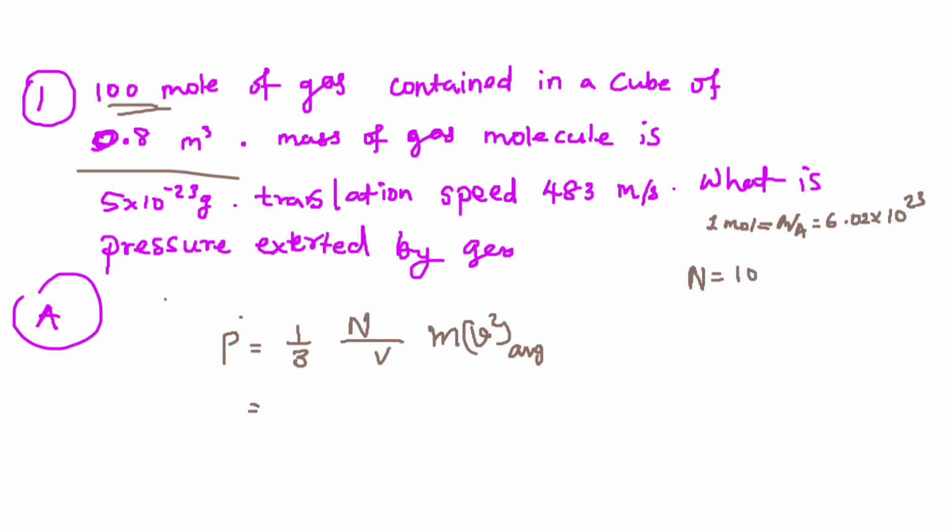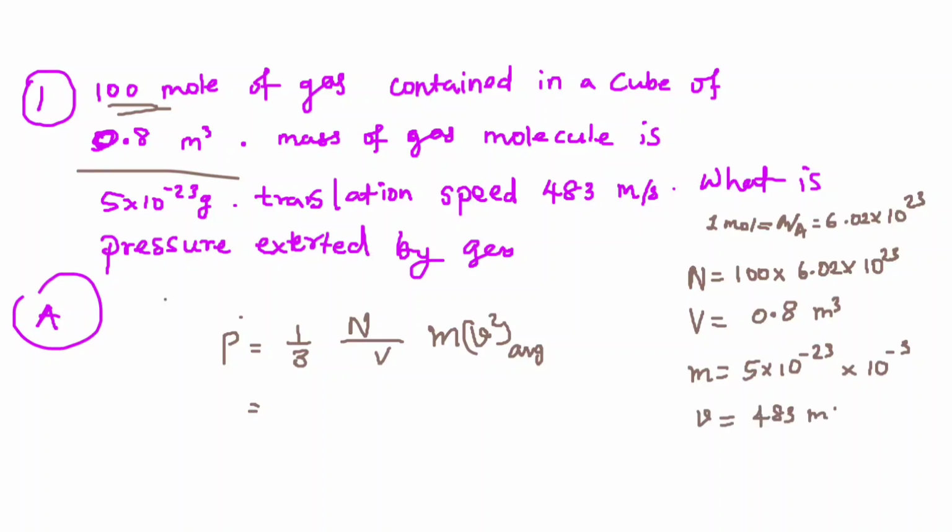So N is 100 into 6.02 into 10 power 23. And V, volume, is 0.8 meter cube. And M is 5 into 10 power minus 23 gram. So we need to convert this into kilogram by multiplying by 10 power minus 3. And velocity is given in SI unit, that is 483 meter per second.